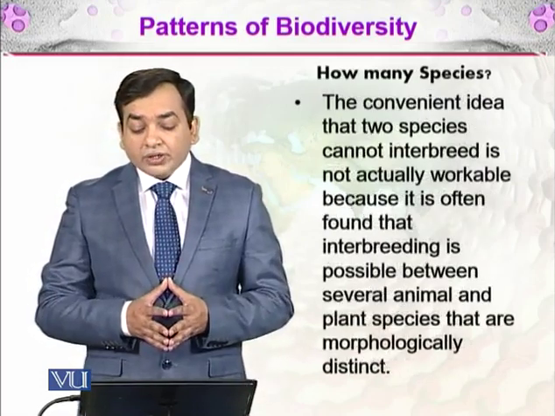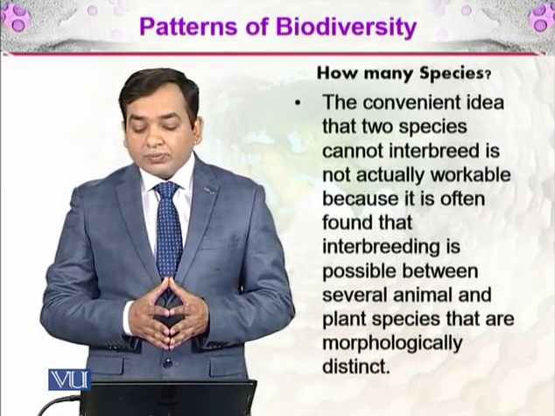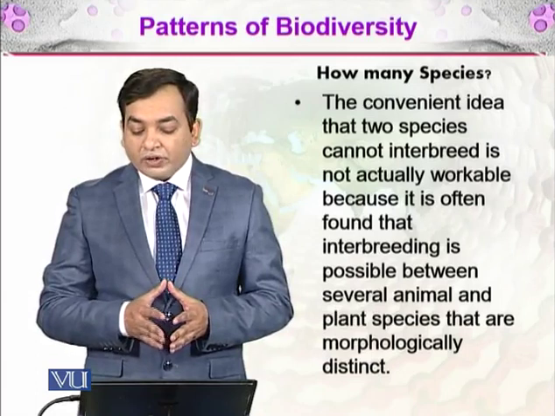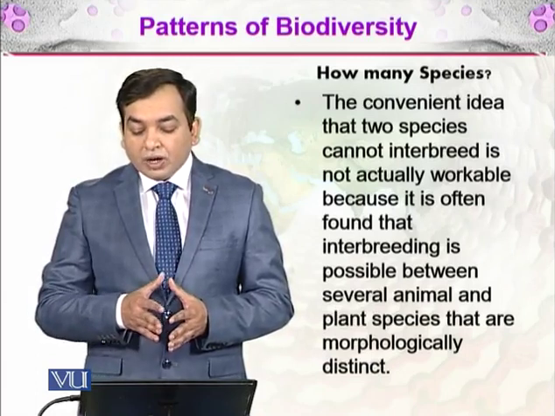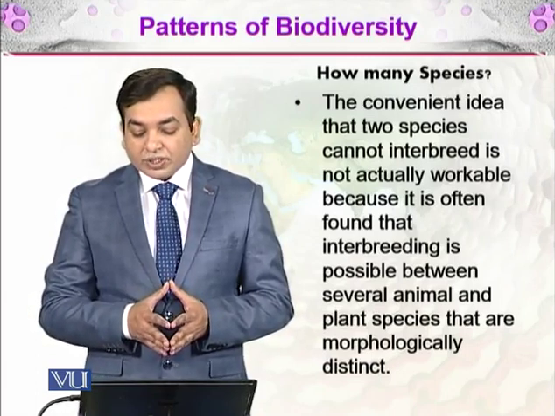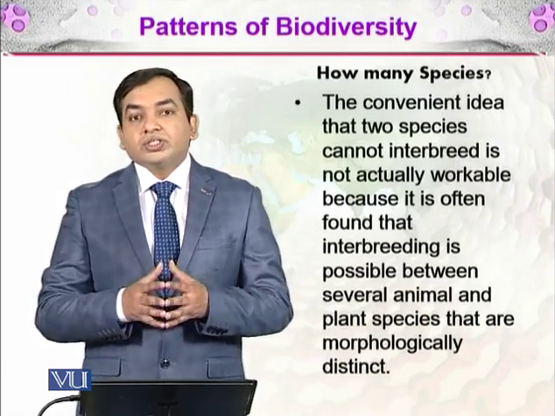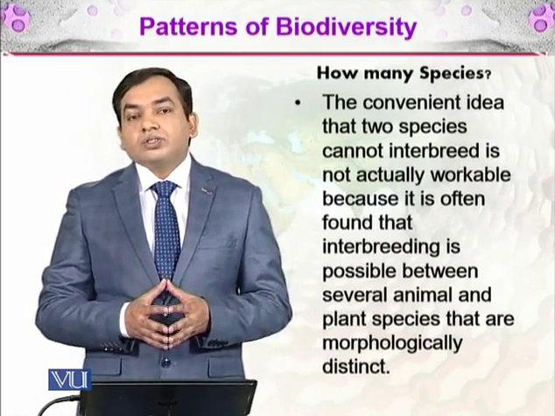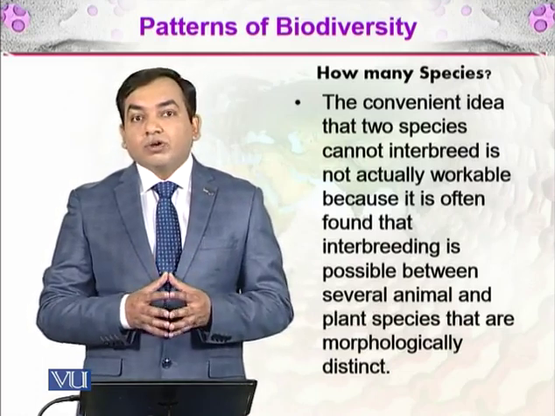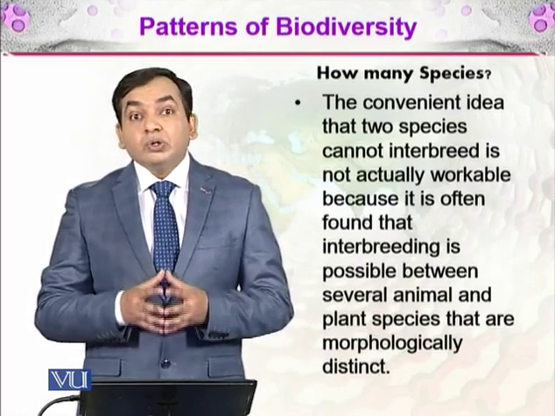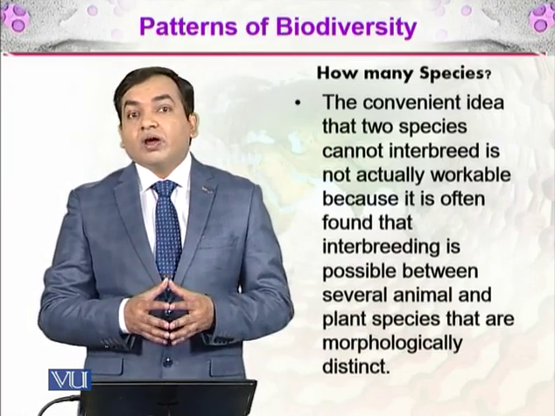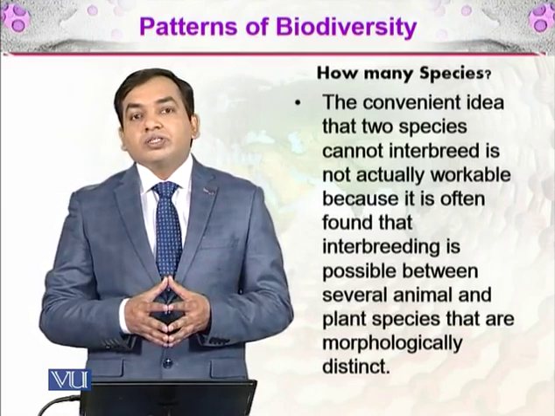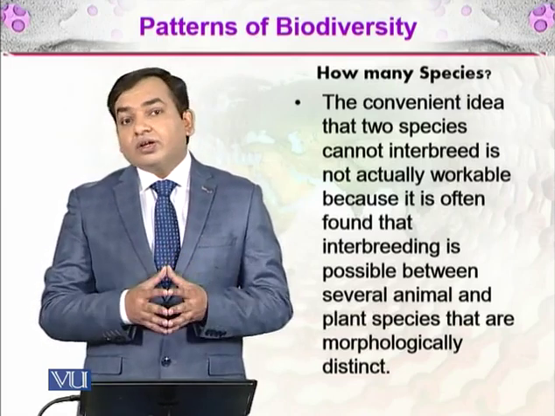The convenient idea that two species cannot interbreed is not actually workable, because it is often found that interbreeding is possible between several animal and plant species that are morphologically distinct. Sometimes two plants or two animals which look different may be much more related than other organisms in the environment, and they can interbreed.